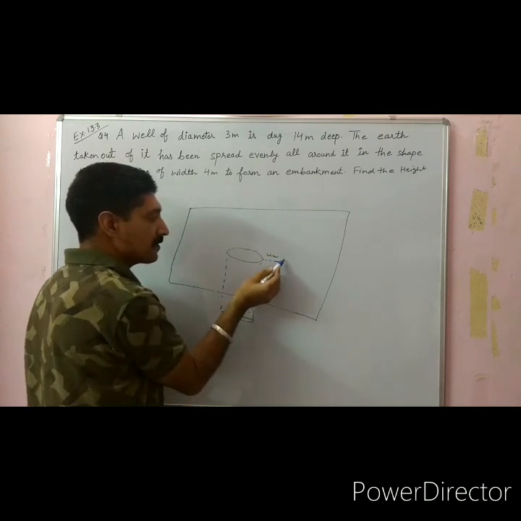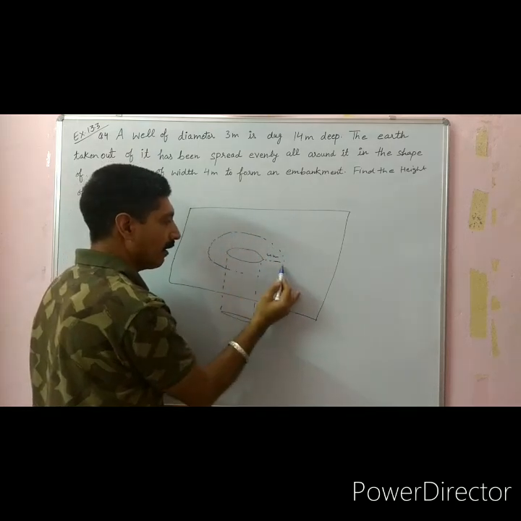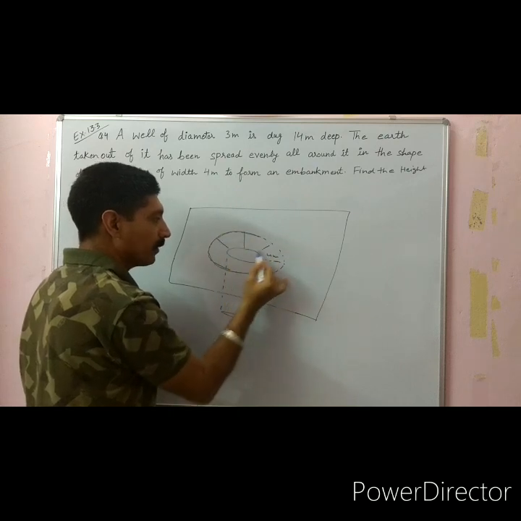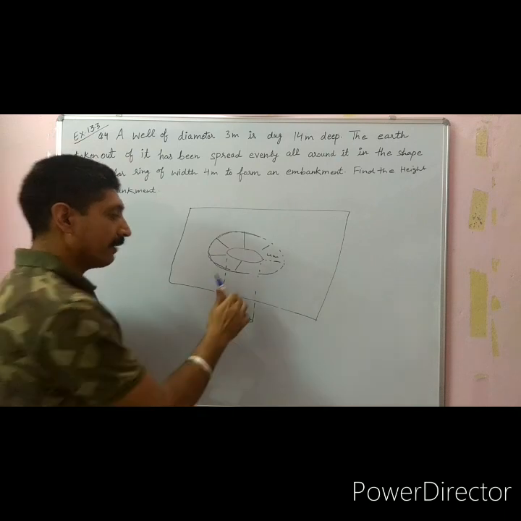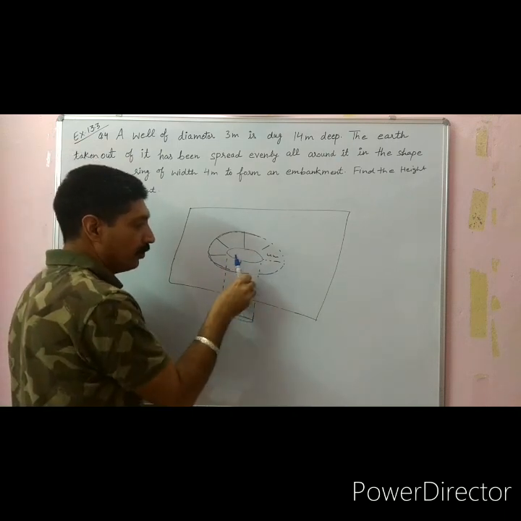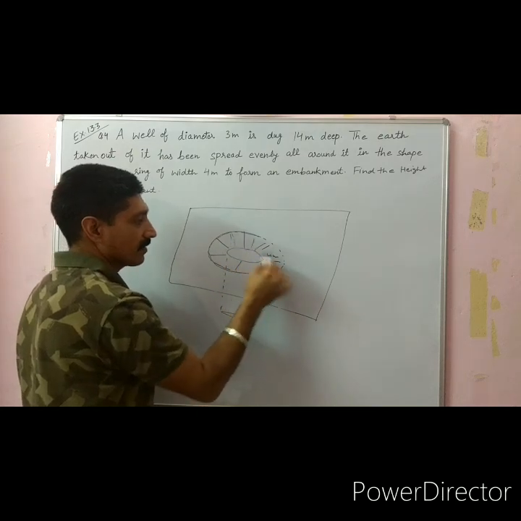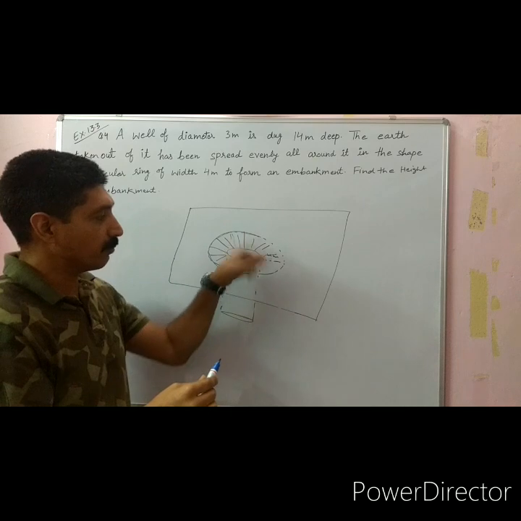So we first make a boundary, and the width of this ring is 4 meter. Whatever volume of earth, or mud, we have, we will put it here.